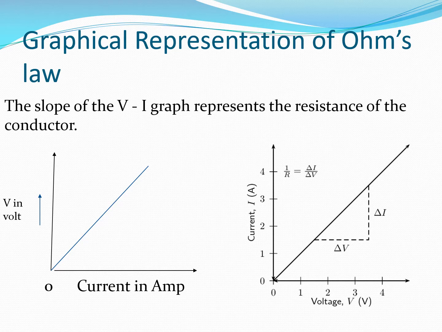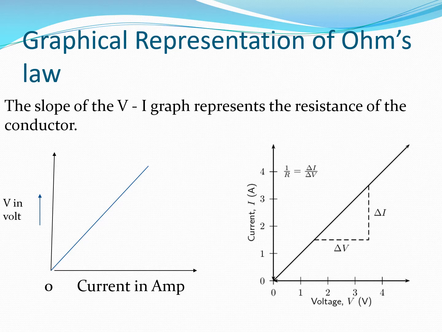Remember, voltage will be in volts, current will be in ampere. If you plot the data, then you will get a straight line passing through the origin. So the substances which follow Ohm's law will give you a straight line passing through the origin in the VI graph.